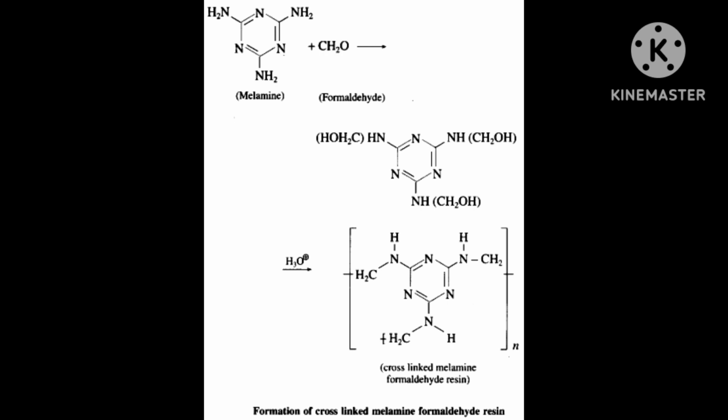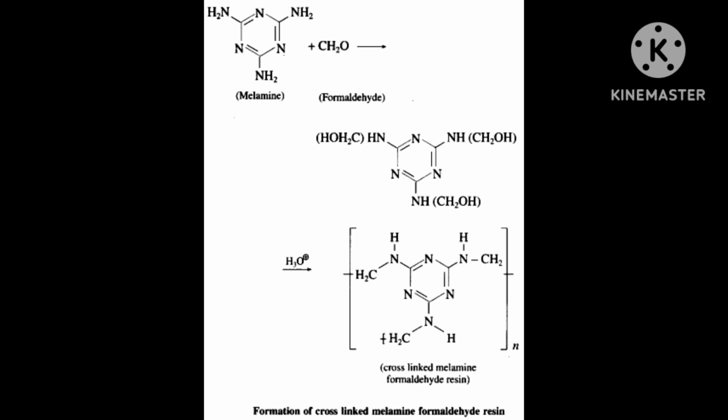Means you take two chains, then both chains will join to each other, that also through CH2. Suppose you have taken two chains, then both chains will make a link through CH2 only. Here also you will get CH2.